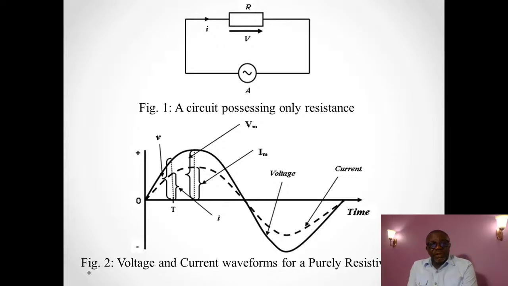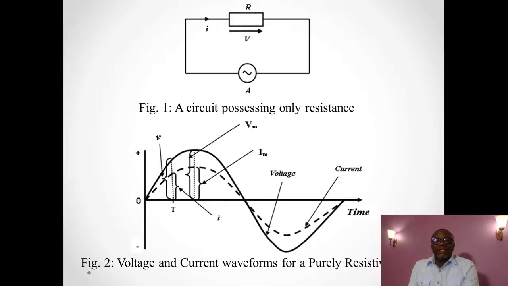And when we say that the voltage and the current are in phase, it means that they are crossing the zero line at the same time. Even though the peak value of V is higher than the peak value of I. But you see that two of them are crossing the zero line at the same time.